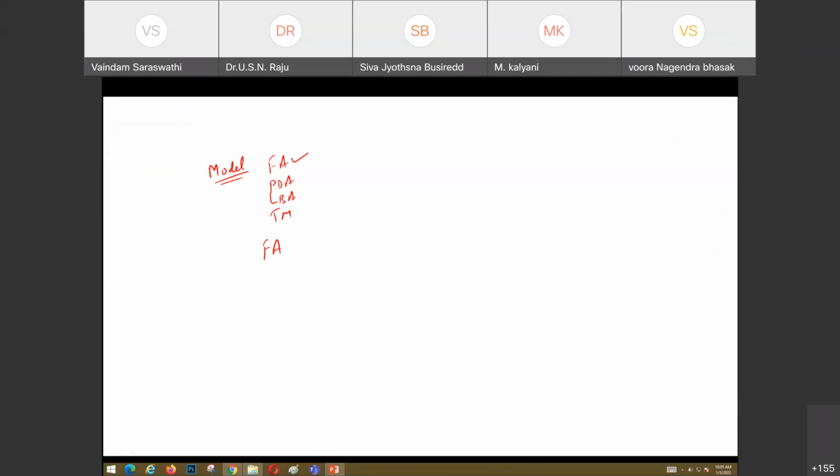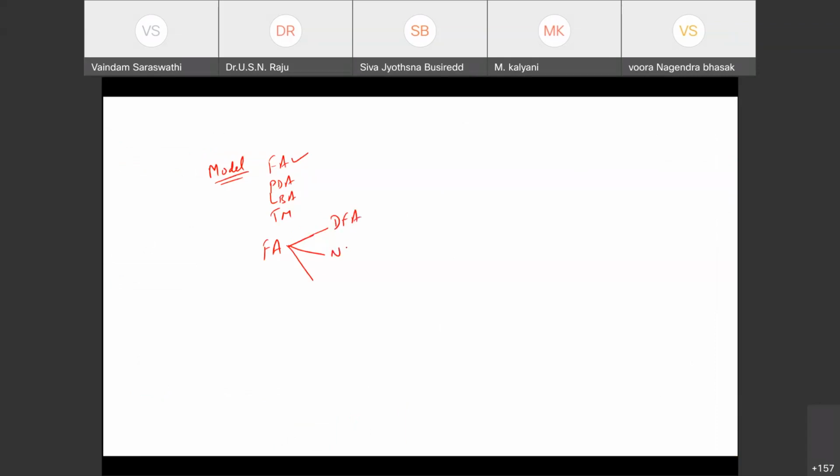Yeah, so we started with finite automata, and in that we have seen that there are three kinds of finite automata. What are they? Deterministic, non-deterministic, and epsilon NFA. And what are the major differences among these three?